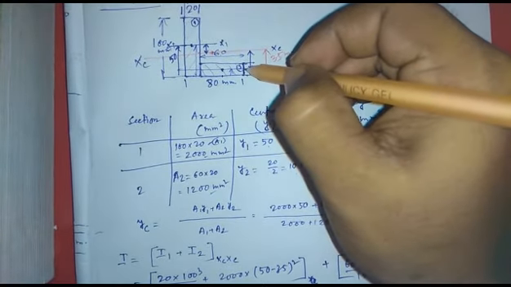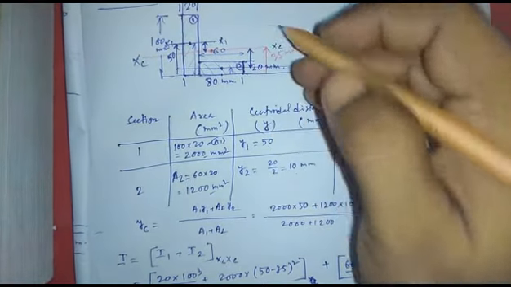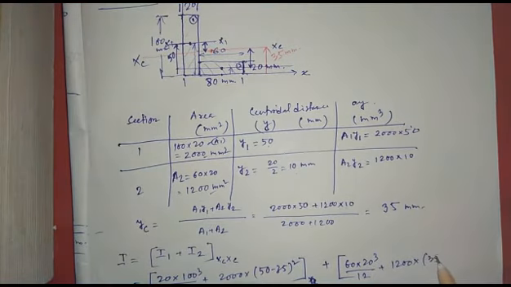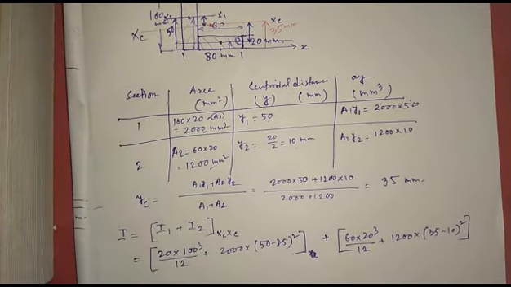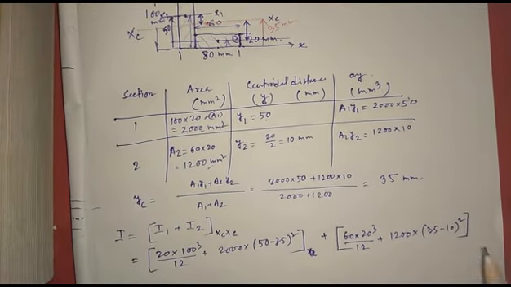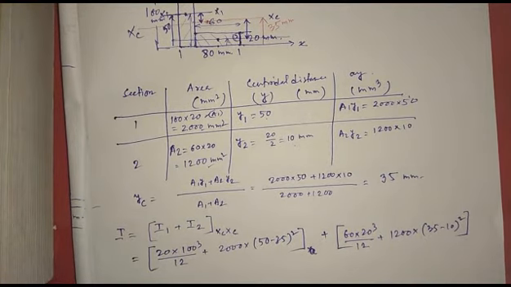So this axis lies at 10 and this lies at 35. So the distance is 35 minus 10 square. So this is the moment of inertia of this section.